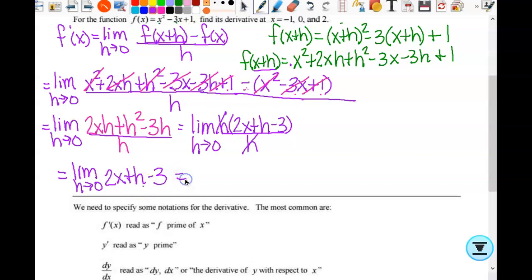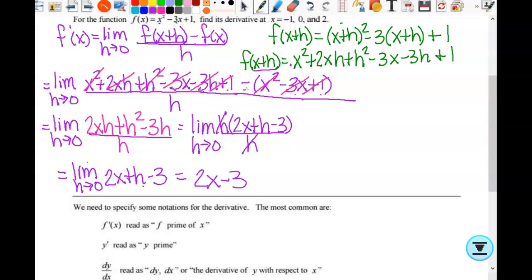I substitute 0 in for h right here. And since I'm doing my direct substitution, now is when I get to drop this limit statement because I'm taking the limit. So this is going to give me 2x, then plus 0. So I'm not going to put that. It's just minus 3.